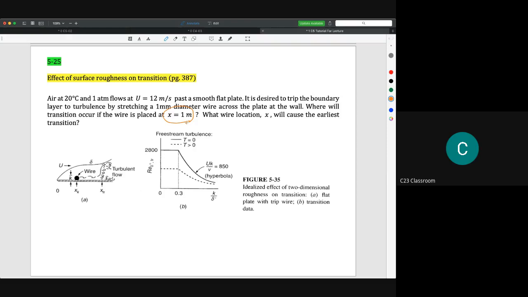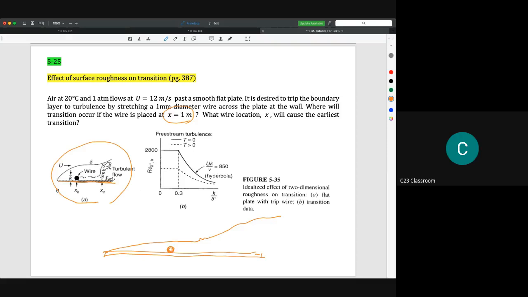The idea of this one is something like this. We have a flat plate here. Normally, as I said in the beginning of this lecture, we will have laminar and then turbulent. To make the transition occur earlier, we put something here.